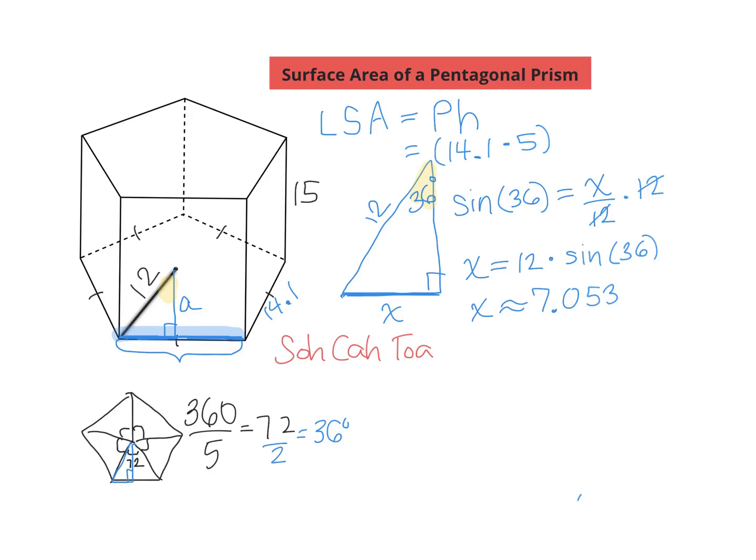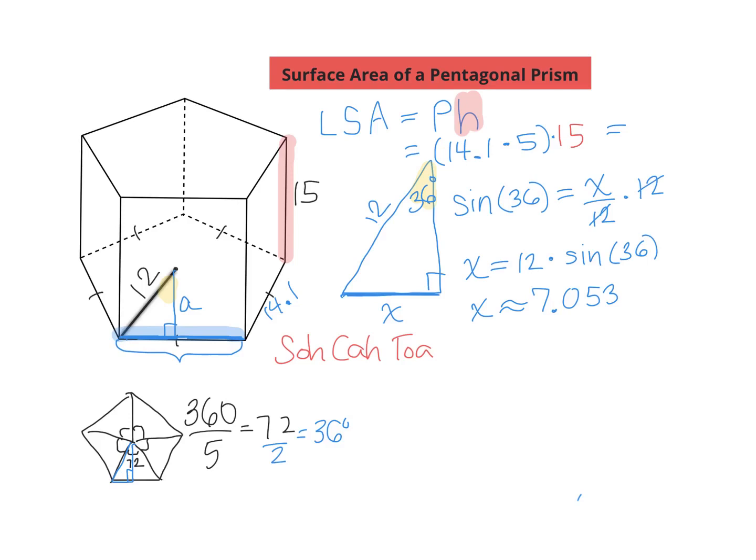And then my h, remember that my h is going to be the height of my prism, how far apart the two bases are. So my height would be 15. So let me multiply these three numbers together. So I'm multiplying 14.1 times 5 times 15.